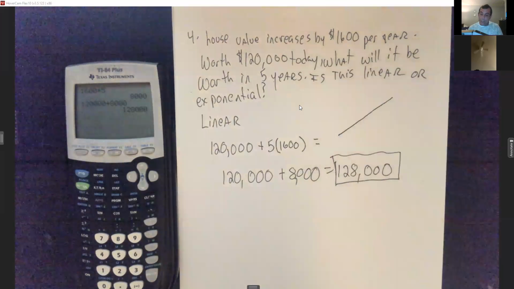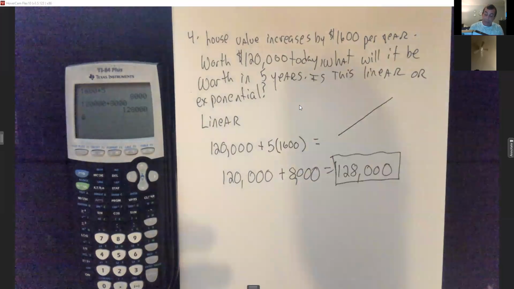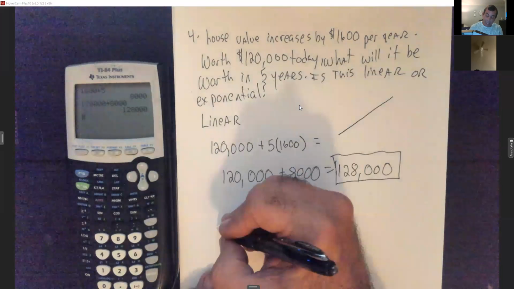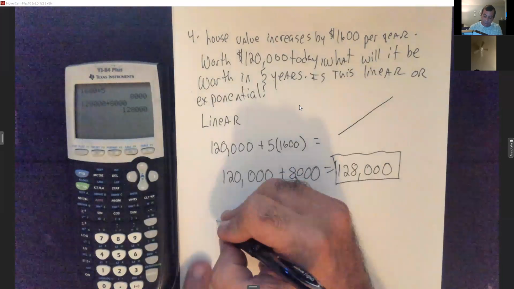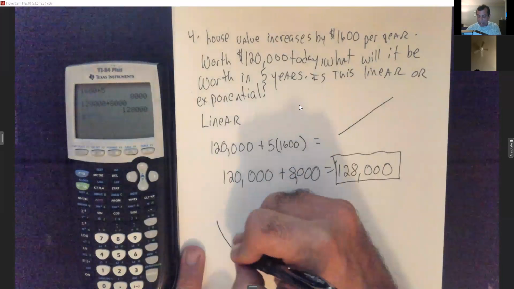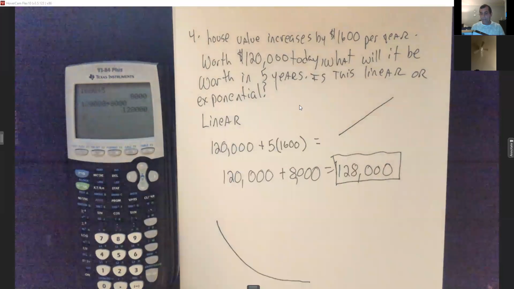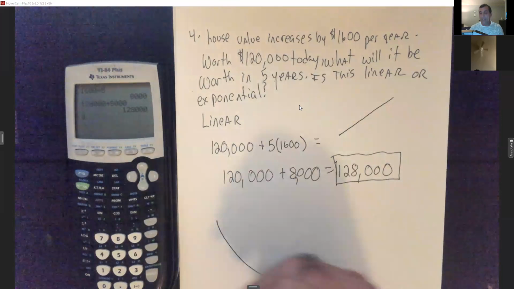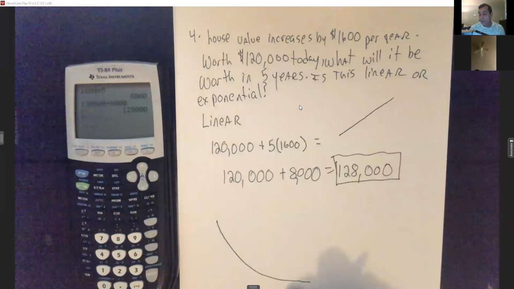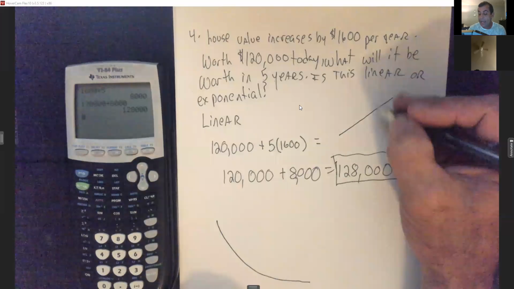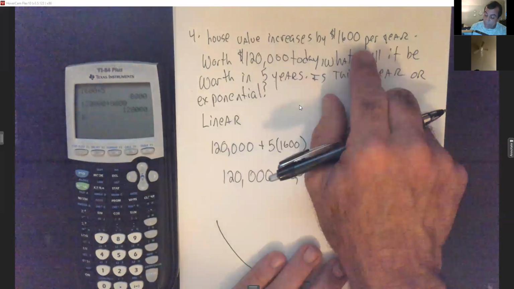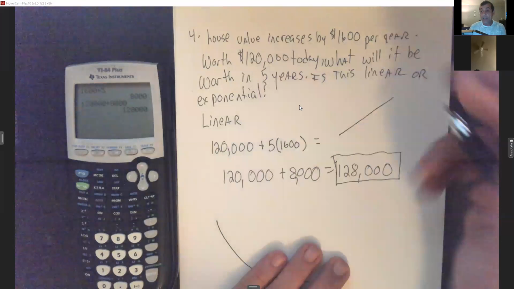While ago I had the one that depreciated and it was exponential. So on that exponential one that was decreasing, it would have went down like that and made a nice little curve. Increases go uphill curves, decreases downhill. And the same thing on these, if this house had decreased by 1,600 a year, then that graph would have actually went downhill for it decreasing.